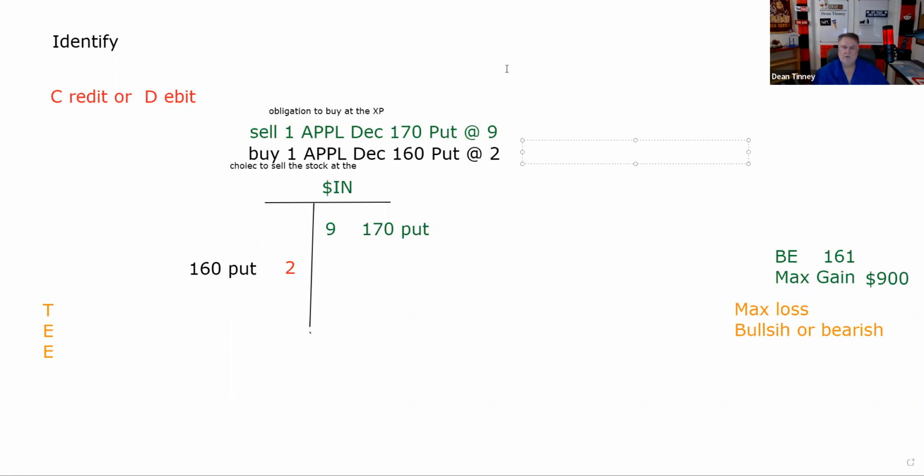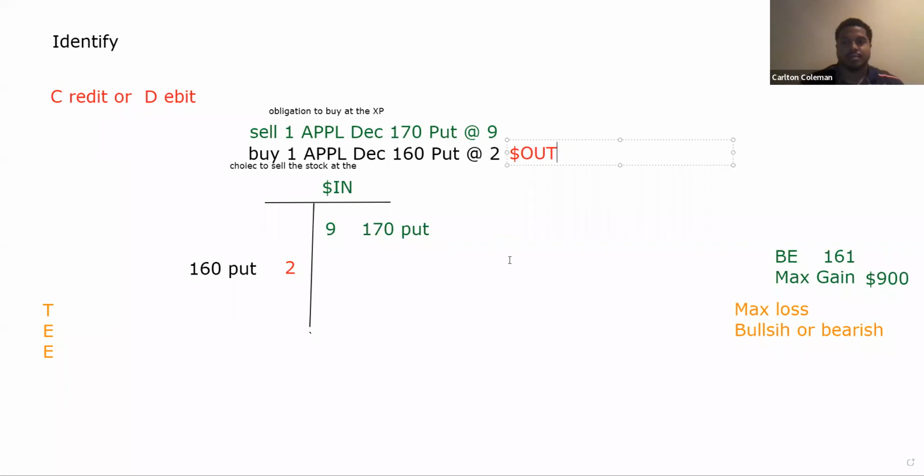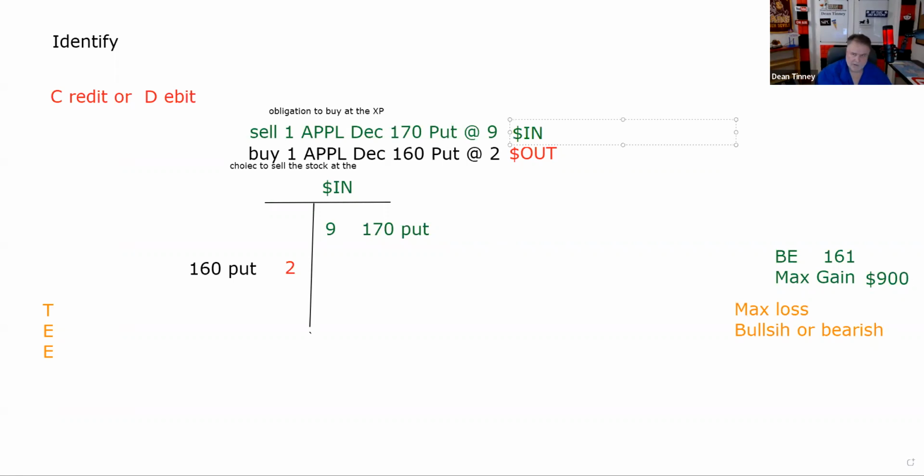Is that $2 out or dollars in? That's $2 out. Right on. And is that $9 out or is it dollars in? That's dollars in. All right. So now we're able to determine whether this is a debit or a credit spread.